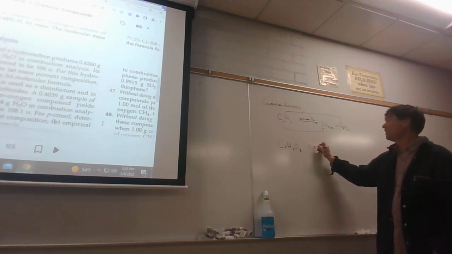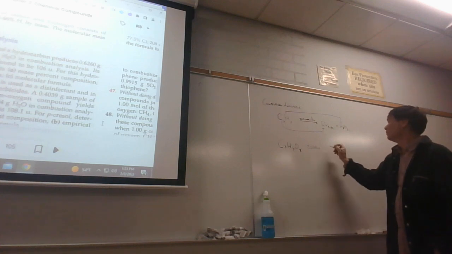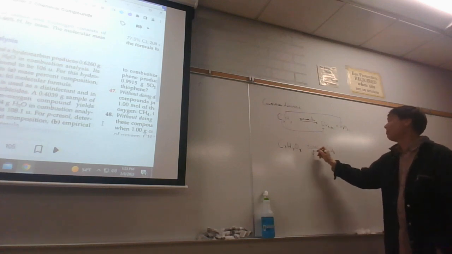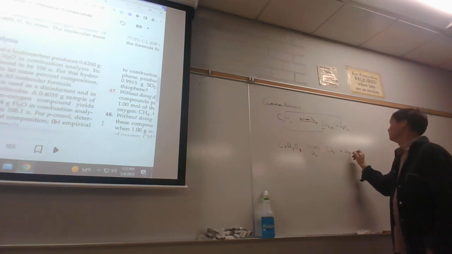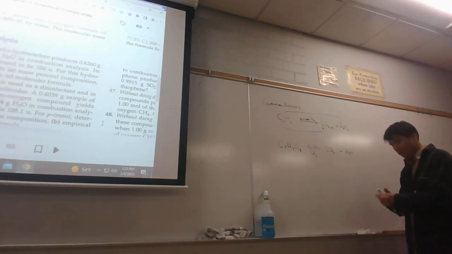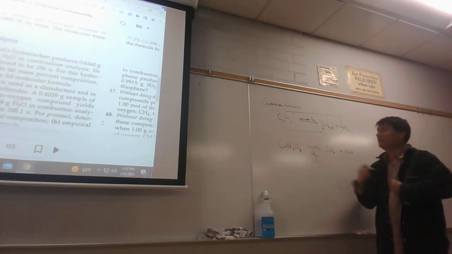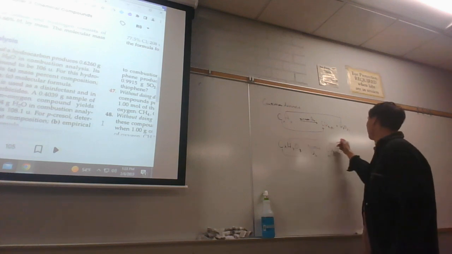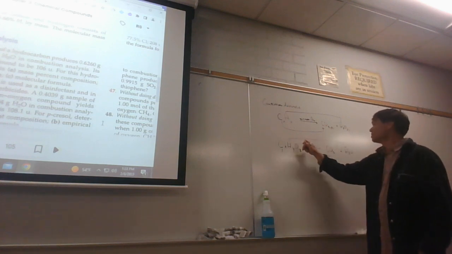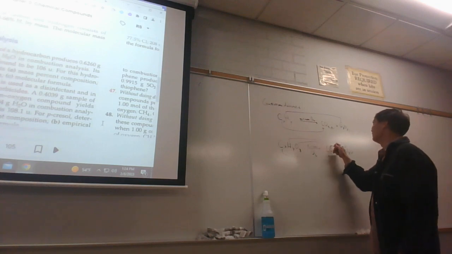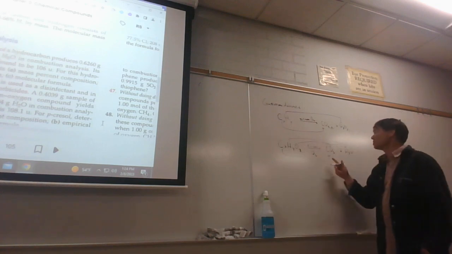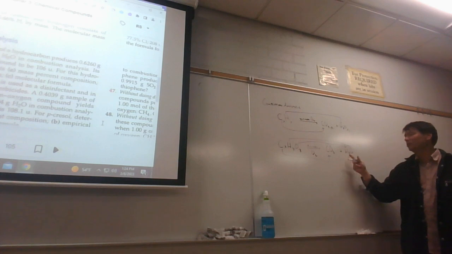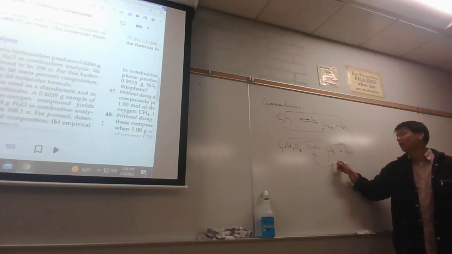And so we do the same thing here. We're going to form CO2 and water. But here, all the carbon ends up in CO2, all the hydrogen ends up in water, but the oxygen we lose track of. We don't know. The oxygen can end up in CO2 and or water, but the same thing with this oxygen.